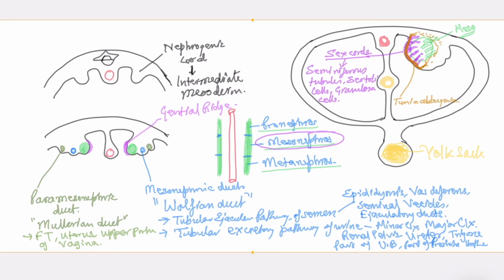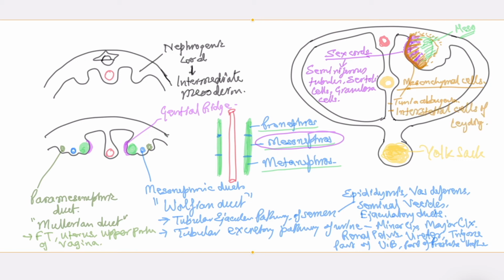That's how the Sertoli cells and all the seminiferous tubules get encapsulated in a fibrous sac, the tunica albuginea, formed by these mesenchymal cells. These mesenchymal cells also spread in between the sex cords, growing and proliferating there. Mesenchymal cells of the nephrogenic cord will form the tunica albuginea, and of course they will also form the interstitial cells of Leydig.